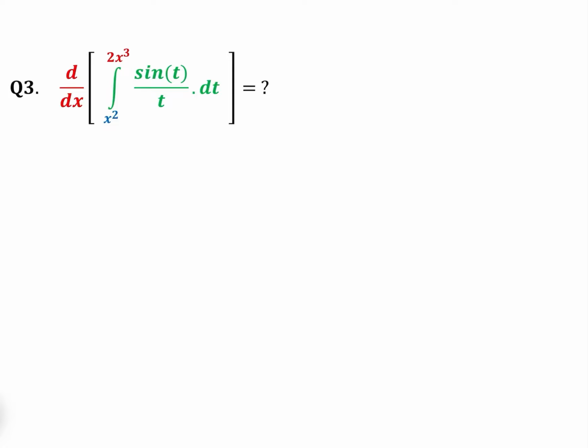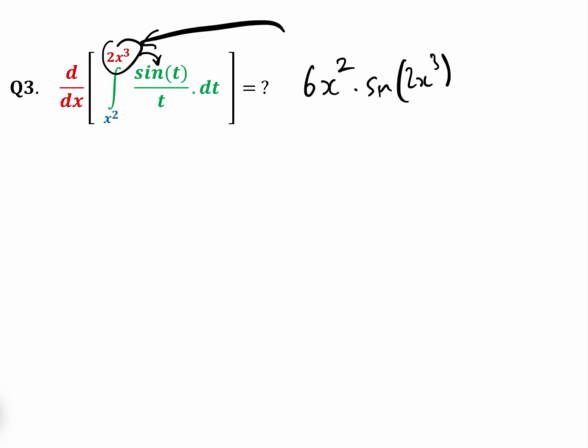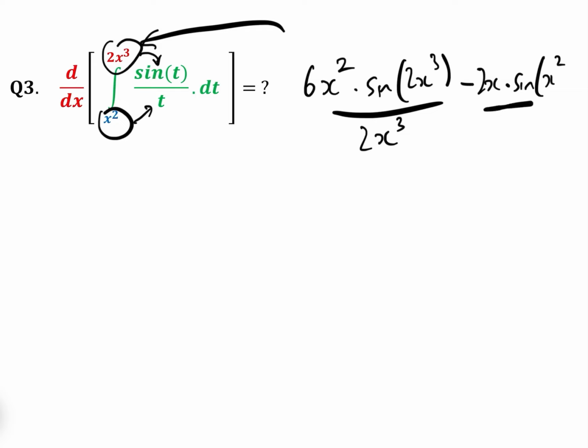Okay, so again, what we're going to do is we look at this one first, and we get the differential of that, which is 6x squared, and then we replace the t's in there by that one, which is times sine of 2x cubed over 2x cubed, minus, and now we differentiate that one, 2x times, and then we replace the t's by that, sine of x squared over x squared.